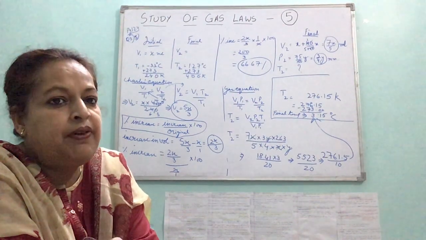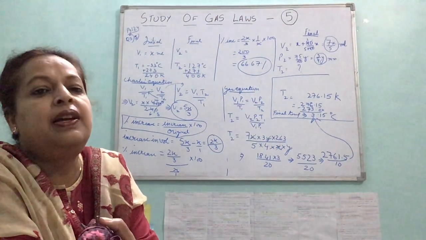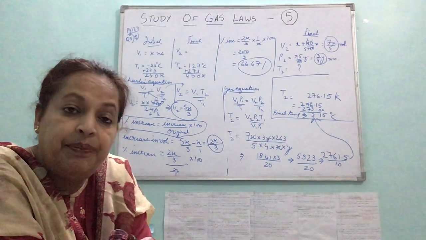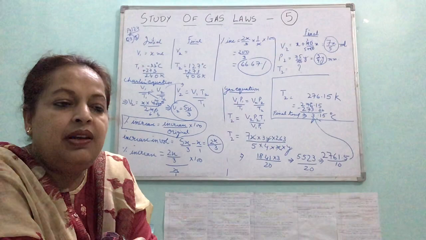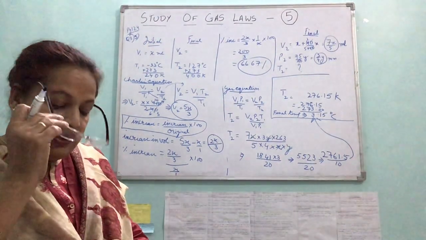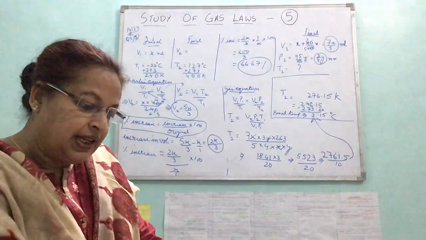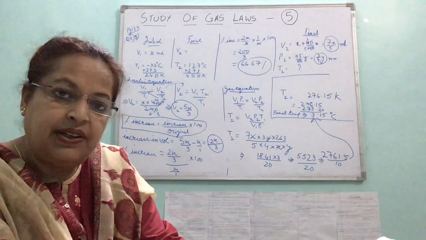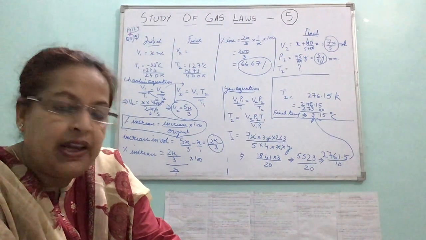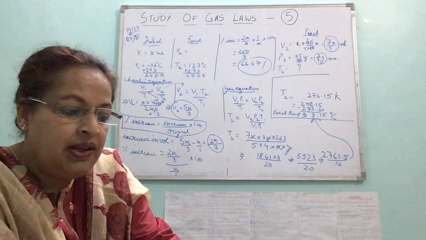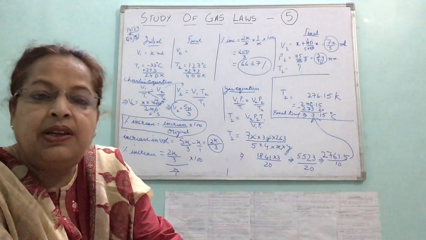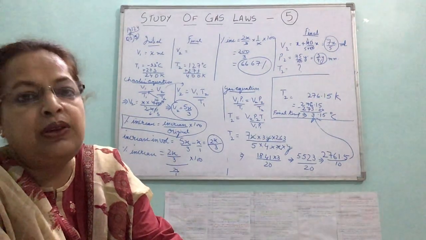So if I have to find the pressure exerted by the gas itself, or compare the pressure, I first read the question, then you will understand. It says a gas X is collected over water at 17 degrees centigrade and 750 millimeter pressure. Now this 750 millimeter pressure also includes the pressure exerted by water molecules.